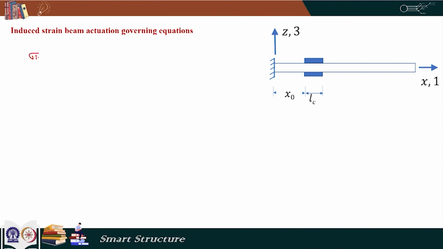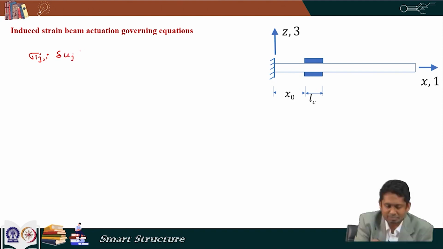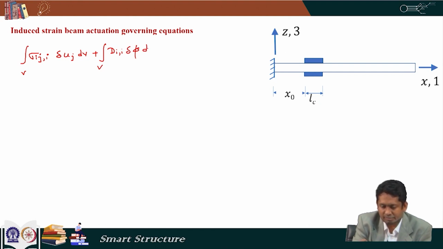So, we can write sigma ij comma i multiplied by variation of uj dV, integral over the volume, plus Di comma i multiplied by the variation of the potential V, equal to 0 as our equation to start with.